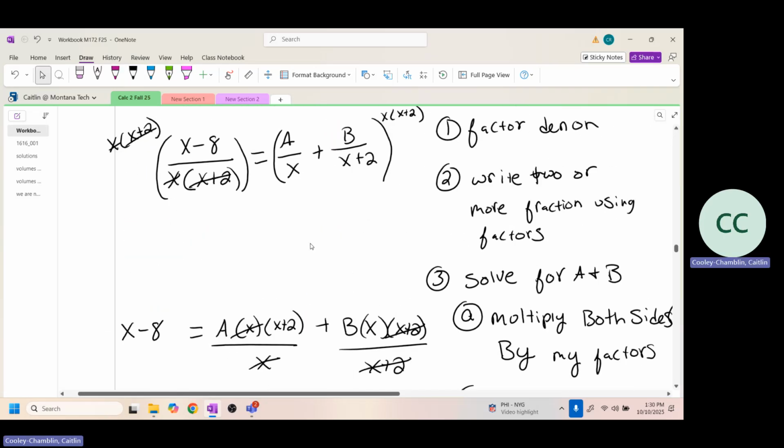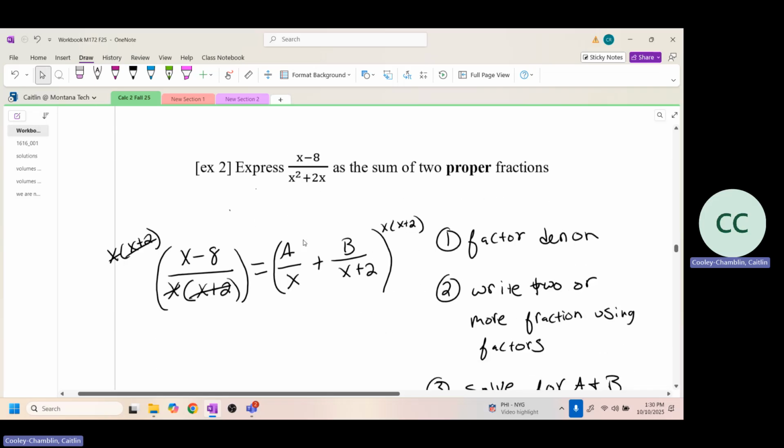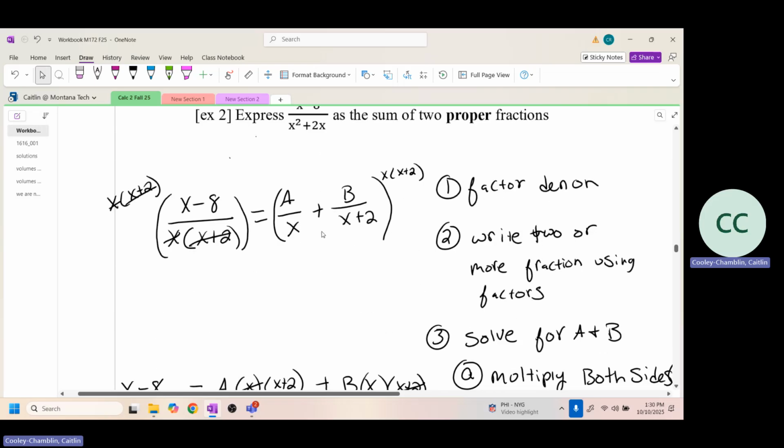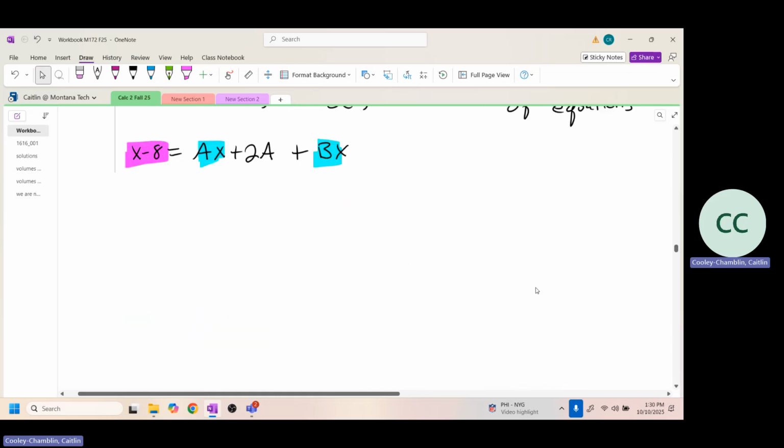Okay, I ran out of room at the bottom of my page, but we're almost done, guys, with this problem. So we had x minus 8 over x times x plus 2, and we know that is equal to a over x plus b over x plus 2.